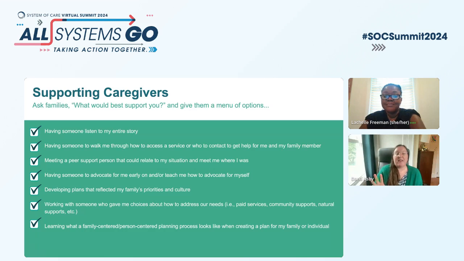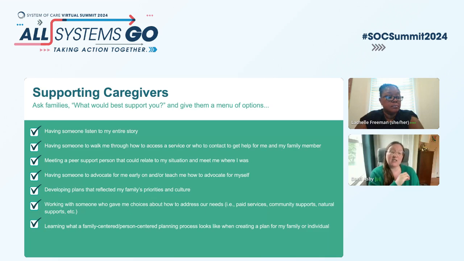Another way that family peers support caregivers of loved ones of any age is to ask families, instead of telling them, here's what you should do, they ask families what would best support you. And then they give them a menu of options and let the family tell them what they need in that moment.